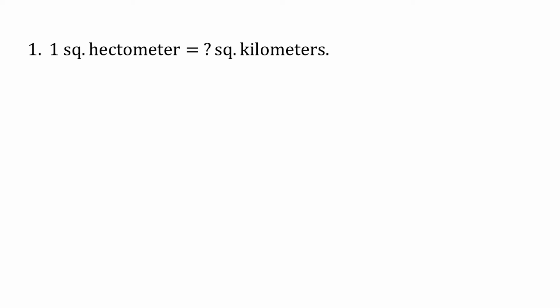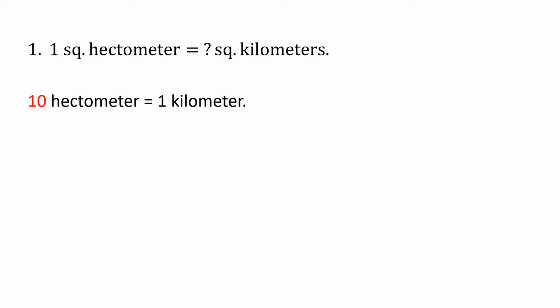You all know hecto and kilo. You know that 10 hectometers is 1 kilometer from the first diagram, but this one is a little tricky. This one is not hectometer to kilometer, but square hectometer to square kilometer. There is a term square in there. We know 10 hectometers equal 1 kilometer, but the question is about square hectometers.